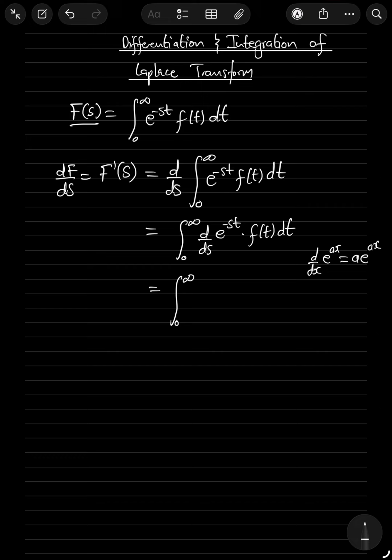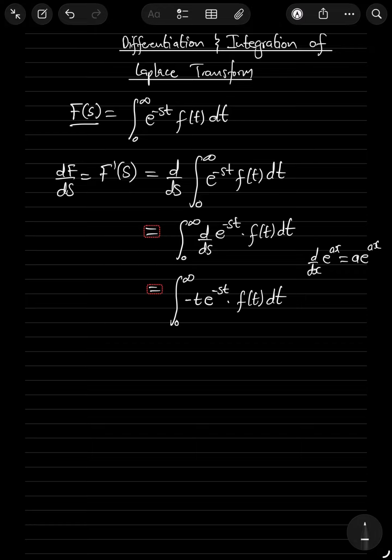So the same thing here, this is going to be minus t e^(-st), because we're differentiating with respect to s, so t is a constant. So minus t e^(-st) times f(t) dt, isn't it?